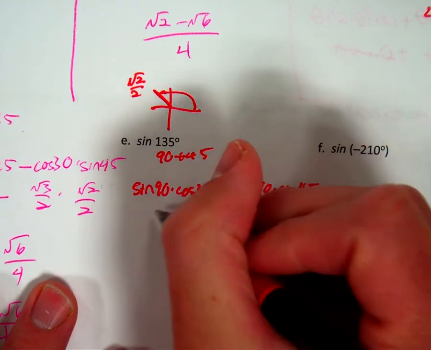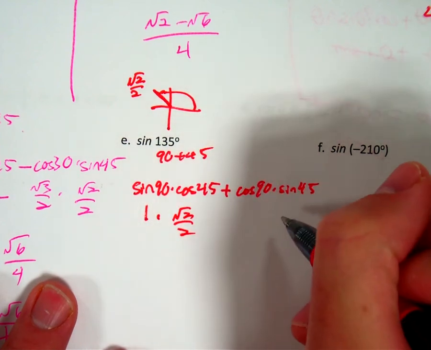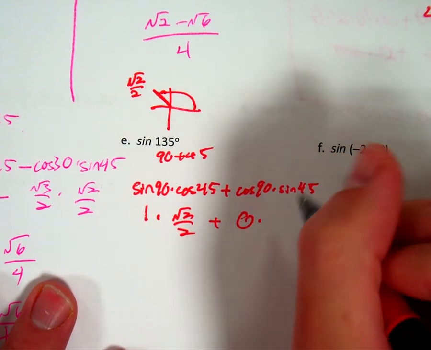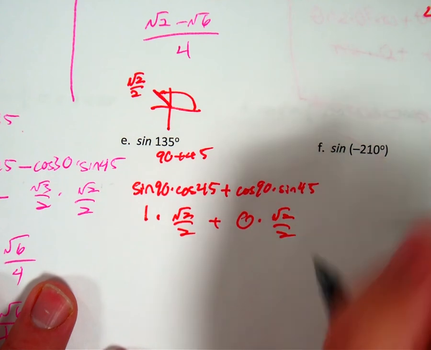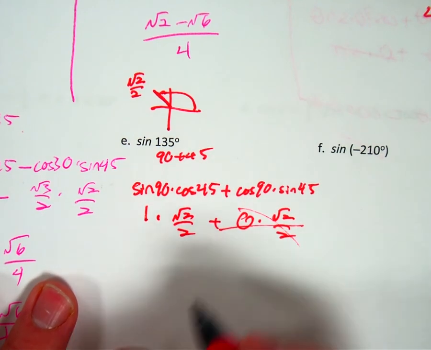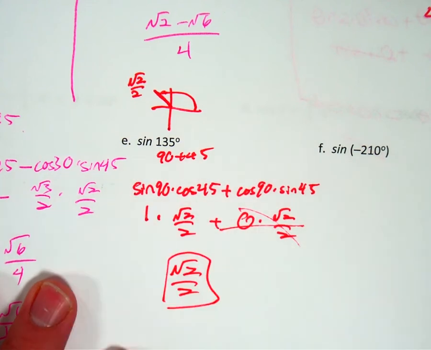So sine of 90 is 1. Cosine of 45, radical 2 over 2. Cosine of 90 is 0 times radical 2 over 2. 0 times radical 2 over 2 is 0. We just have our radical 2 over 2. And that's what we were expecting.